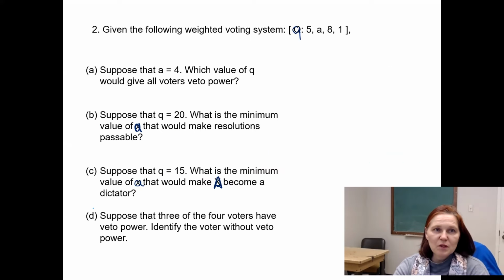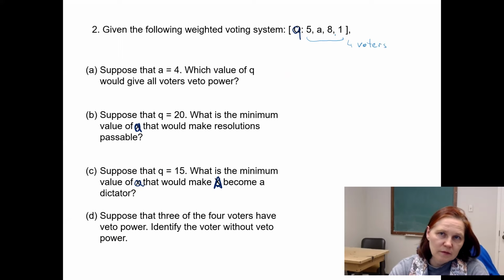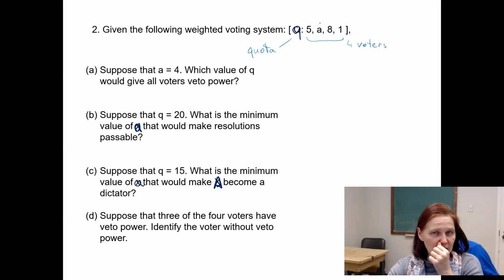Next question is about weighted voting system. And first we have here 4 voters and quota Q, which is unknown, and the number of votes of voter A is also not given.